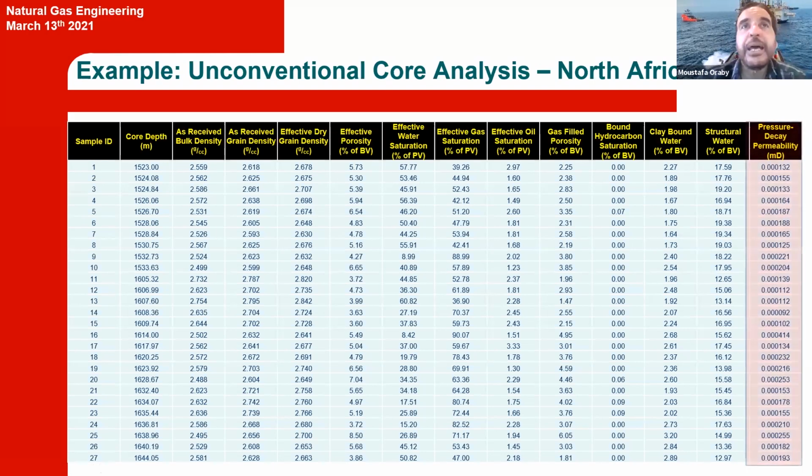So it is in the nanodarcy type permeability. So permeability has to be in the nanodarcy for this rock to be called unconventional reservoir shale. If you are in the micro, it's unconventional reservoir, but it's unconventional reservoir tight gas or tight oil.